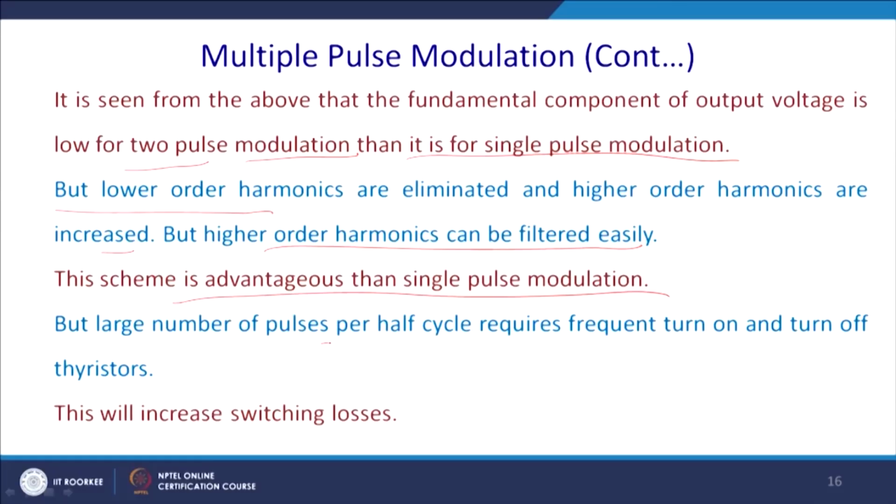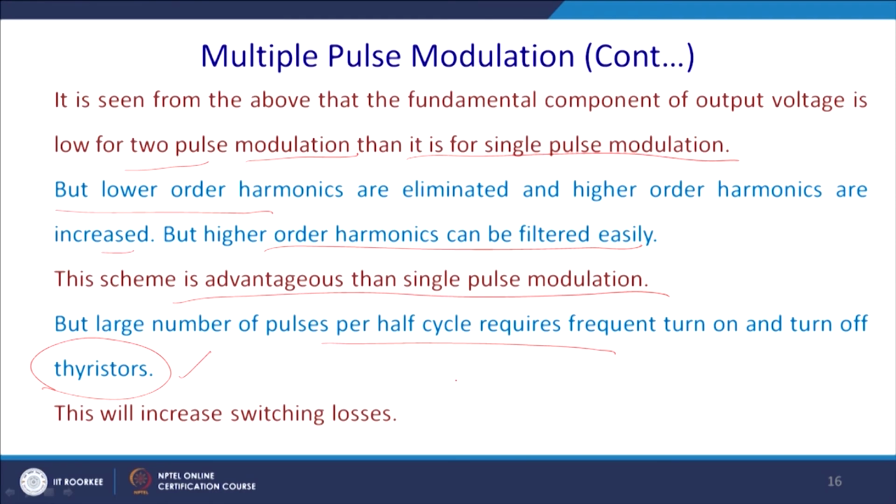But a large number of pulses per cycle requires frequent turn on and turn off of thyristors. If you are using thyristors, then you require a commutation circuit, which again makes the system bulky. You may also need to switch over from the thyristor to a GTO or any turn on and turn off device, and then we have to use lower rating devices for that reason.